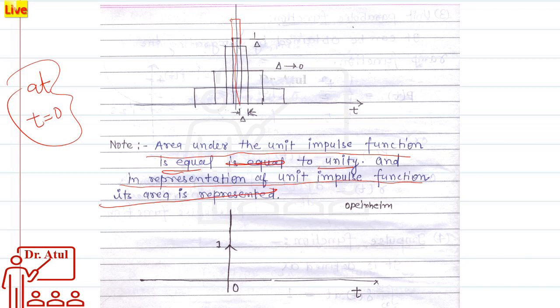So when we represent it in the graph, this 1 indicates the area, not the value. Keep in mind, in the continuous time impulse signal, the value at t equal to 0 is infinity, but the area around t equal to 0 is 1.